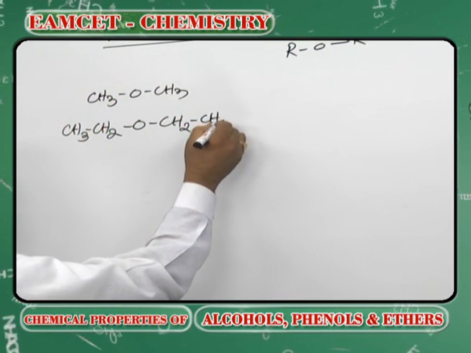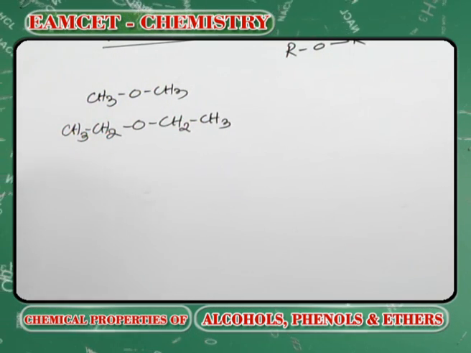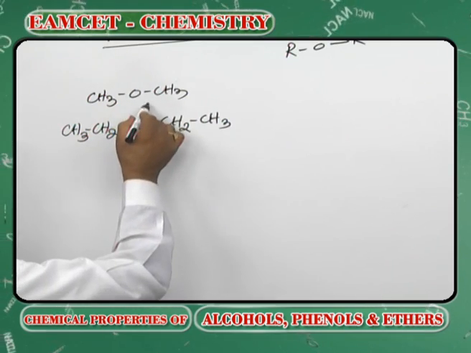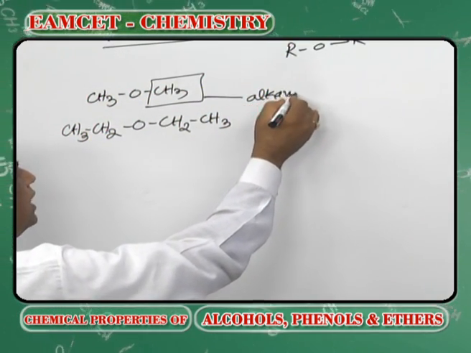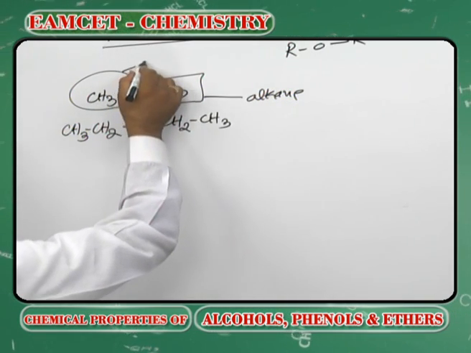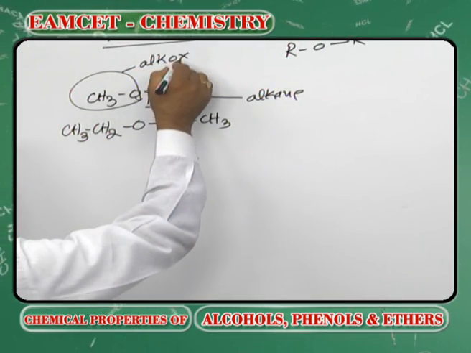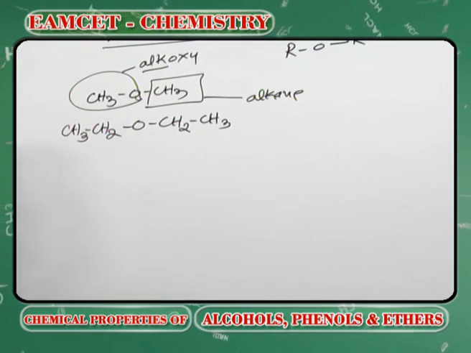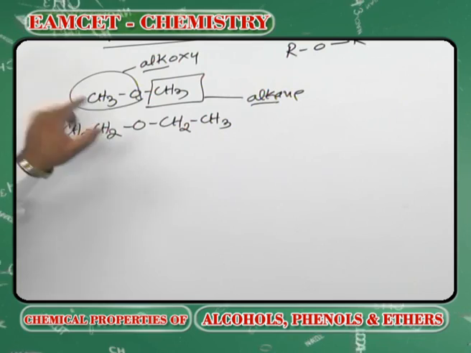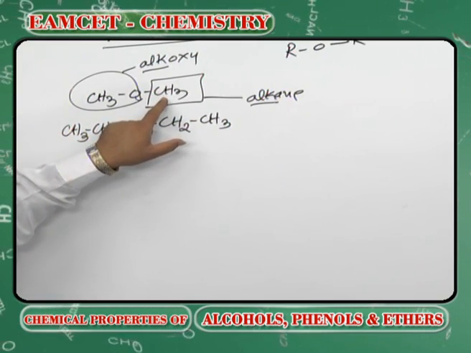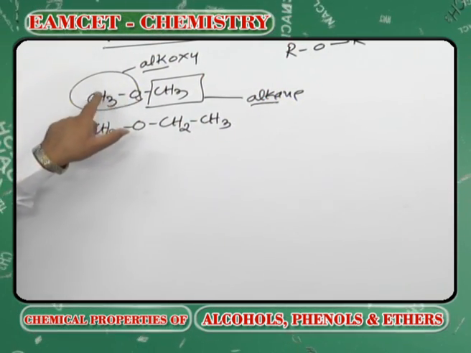Here we have a small point on the nomenclature also. One of the branches is taken as an alkane, and this group is called an alkoxy. Alk changes depending upon the number of carbons. In this case, one carbon alk, therefore it is called methane. This one-carbon alkoxy is called methoxy.